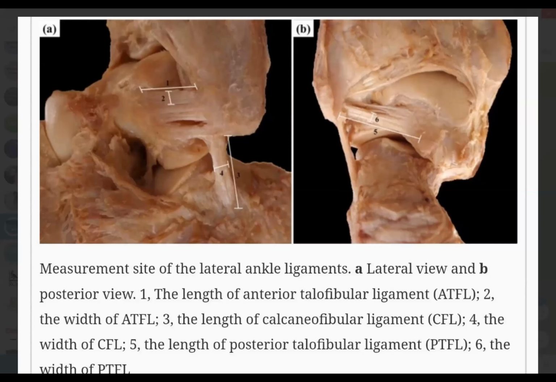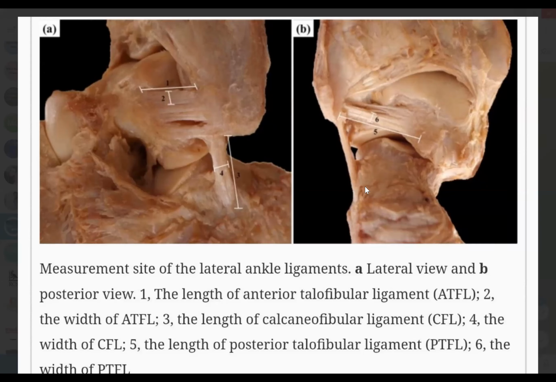Some told me the ligaments came with many colors. So if you look at this picture and identify the ligaments, number one is, I think, anterior talofibular. Two is the same, talofibular. Okay.